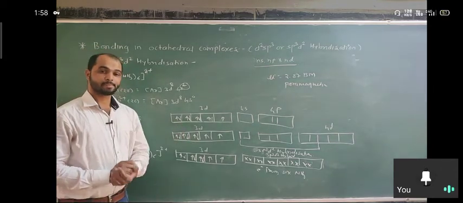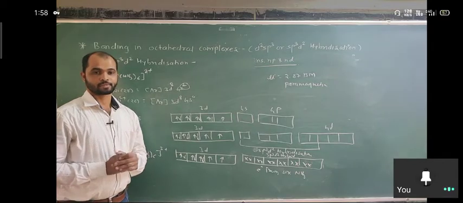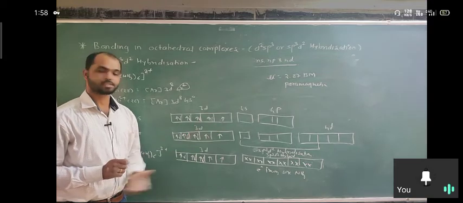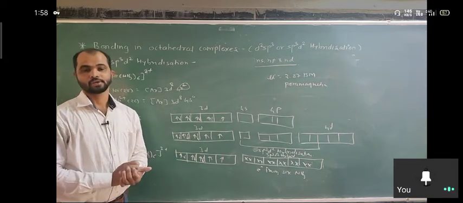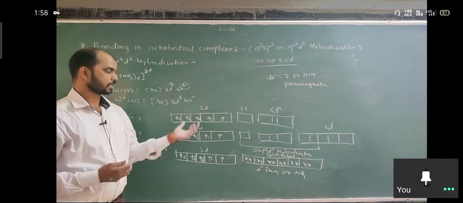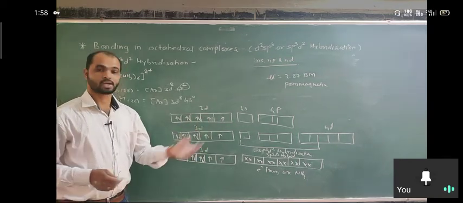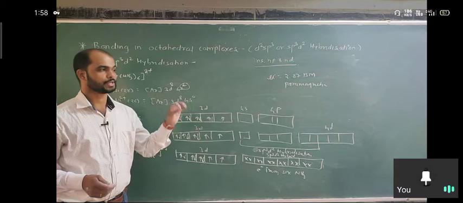When pairing happens, check whether two orbitals are empty or not. If we need two but pairing gives only one, pairing will not happen.